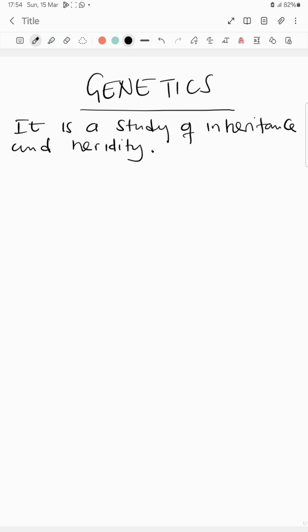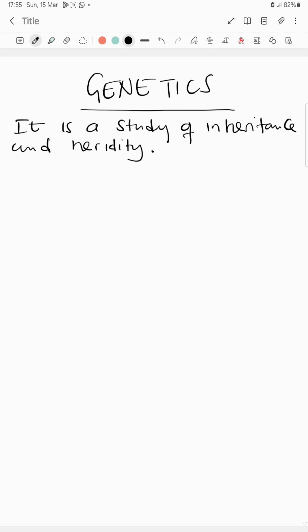Genetics is the study of inheritance and heredity from the parents.